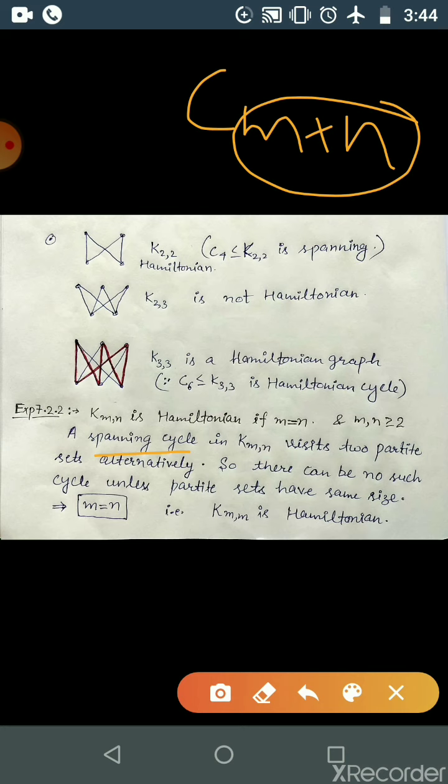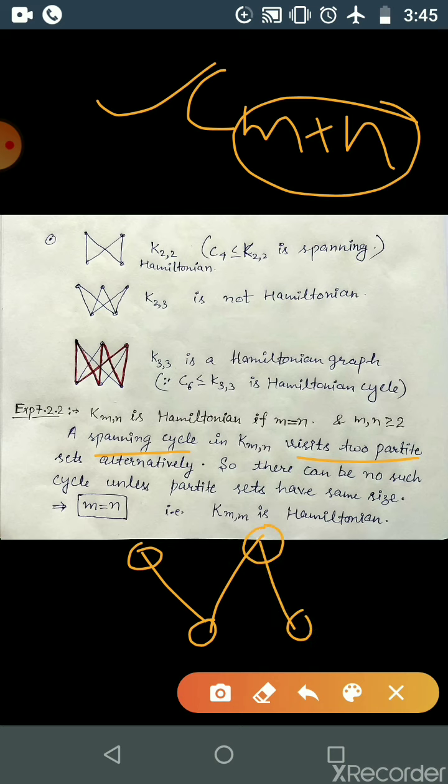Every spanning cycle visits the two partite sets alternately. First it visits one partite set, next it goes to the other, then the first one, then the second, and in the end it comes back to the same partite set, or same vertex.